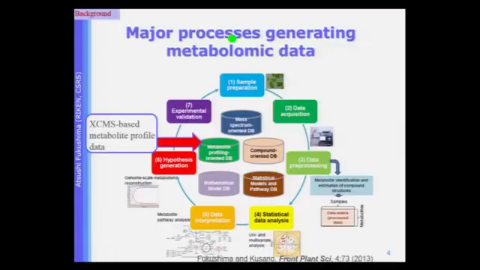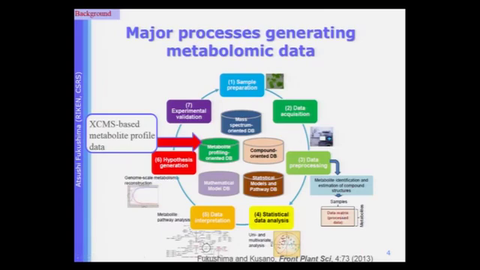In this context, the metabolomics community has paid attention to this. This figure shows major processes generating metabolomic data, including sample preparation, data acquisition, and data preprocessing to generate a data matrix like this.